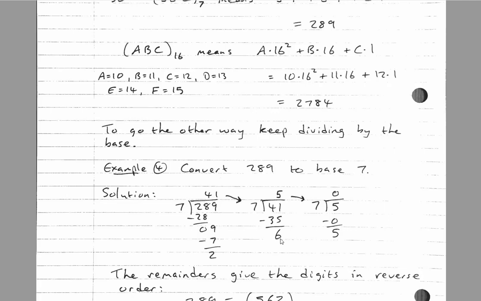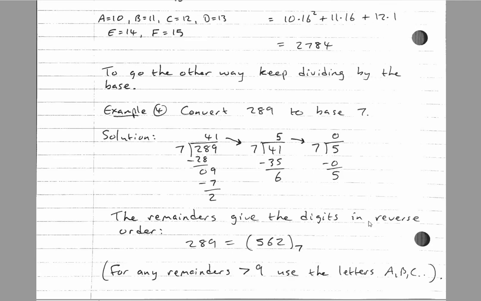Quotient 5, remainder 6. Then 5 divided by 7, quotient 0, remainder 5. Stop when you get a 0 quotient. It's these remainders that we need for the digits, in reverse order, so this 5 comes first. So 289 is 562 in base 7.